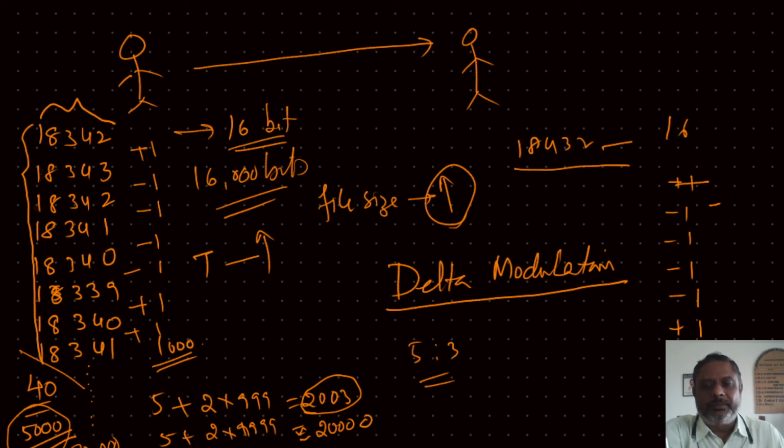For the first time, you tell the total value and then keep telling the difference only. That way we can save a lot of memory, we can save a lot of time during transmission, and we can save a lot of memory if it is put in a file, because once this is put in the file, when you get back, you just keep adding and subtracting this +1, -1 to get all the other numbers.